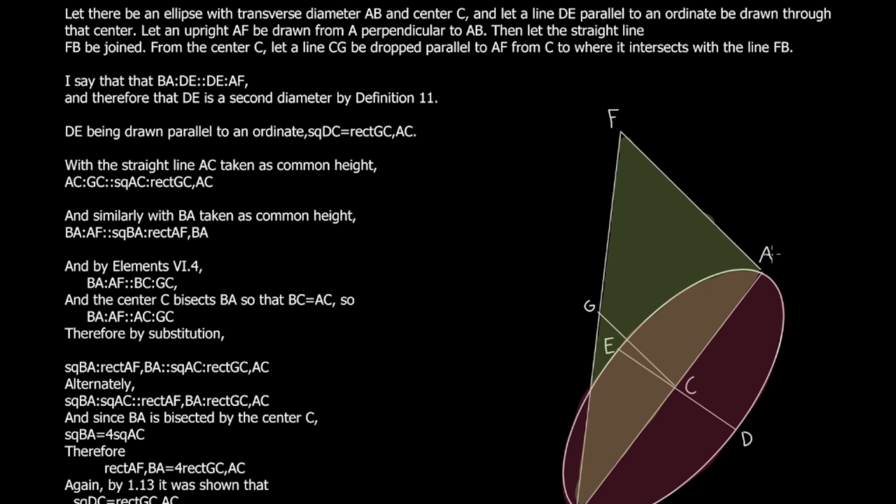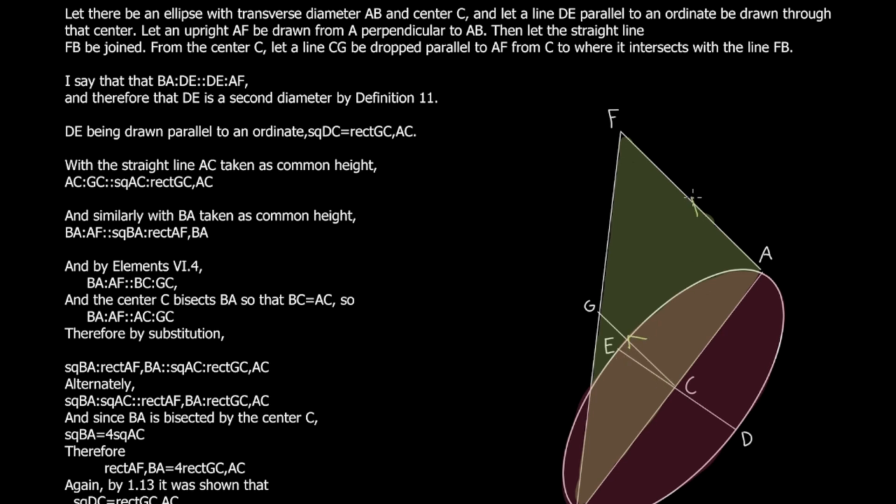Let an upright AF be drawn from A perpendicular to AB. Then let the straight line FB be joined. From the center C, let a line CG be dropped parallel to AF from C to where it intersects with the line FB.